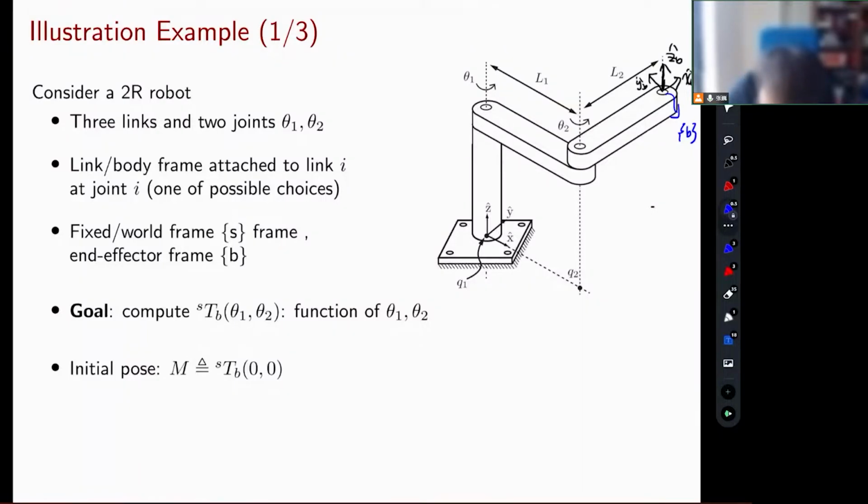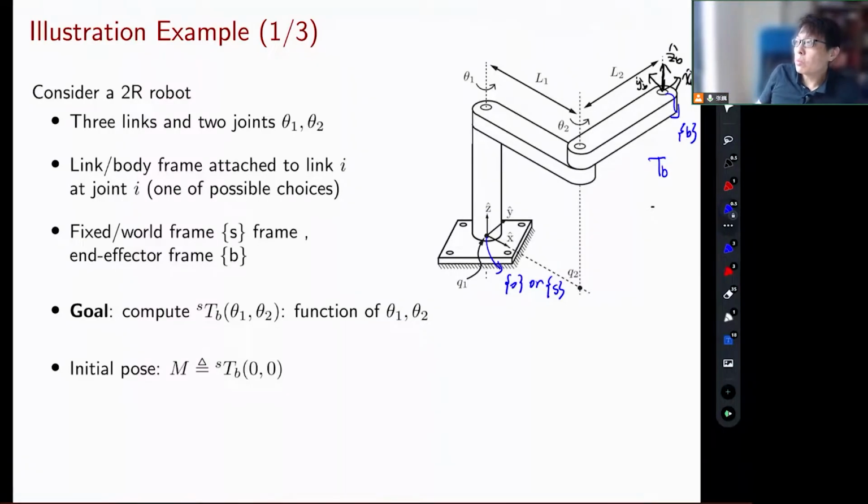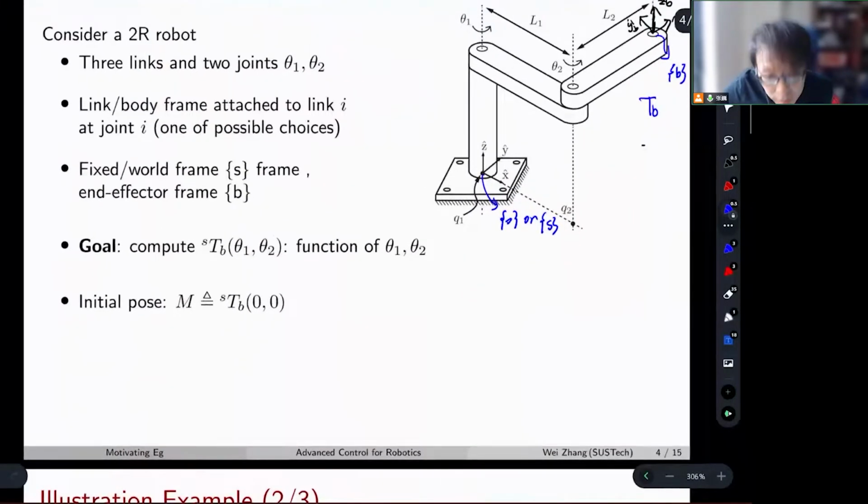Okay, and there's a global frame or world frame. This is my, let's call that frame 0 or frame S. In this lecture, they are the same. They are the fixed frame or world frame or inertial frame or 0 frame. It's just one frame fixed in the space. So our goal is to compute the configuration or pose of frame B, which is the T of B, right? That's a homogeneous transformation matrix representing the pose of frame B. As you can imagine, this frame B, T of B, depends on the joint variables.